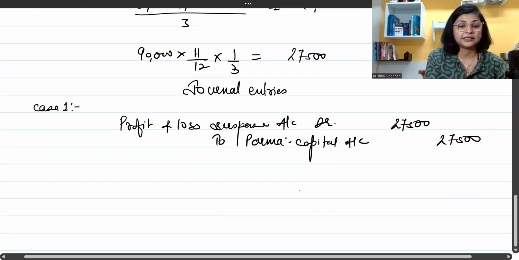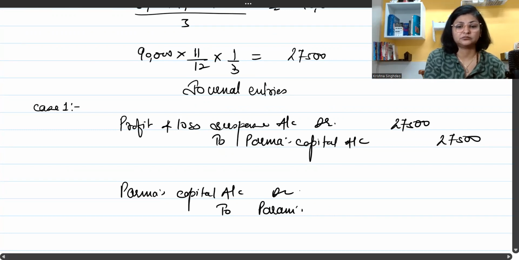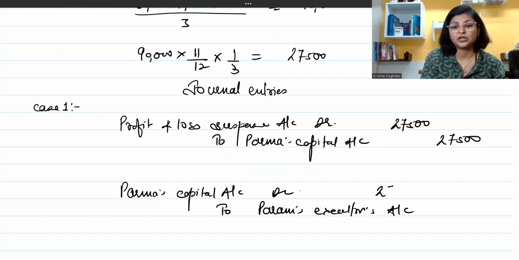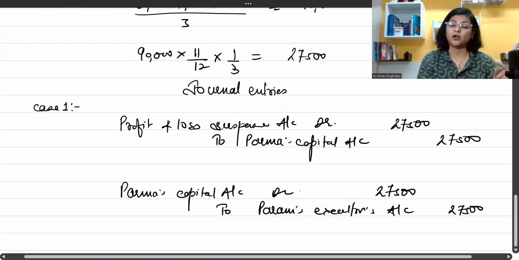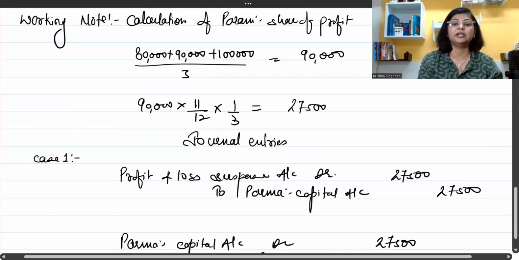So we will pass the next entry, Param's capital account debit, to Param's executor, 27,500. Very simple.